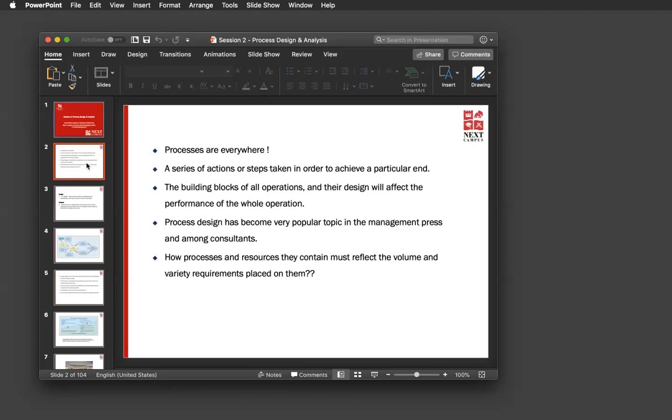The process in a snack bar would be serving the customer, the way the order is taken to serve the customer, and then when the food items go below a certain level, then you replenish those food items.